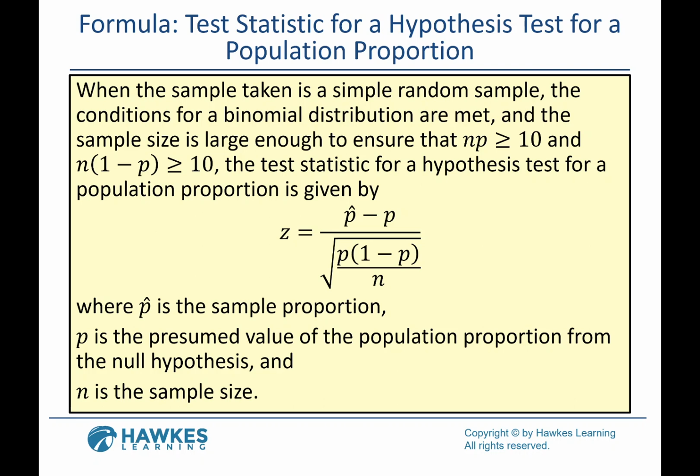So what we use for this number in the formula is the number in the null hypothesis. Just like with mu, p will come from the null hypothesis as well. And that goes in 3 places in our formula. So this p, and this p are all from the null hypothesis. This is always a 1. The only other 2 numbers we need are the sample proportion, p hat, and the sample size, n. That's everything we have in there.